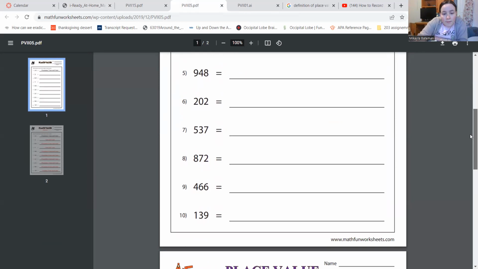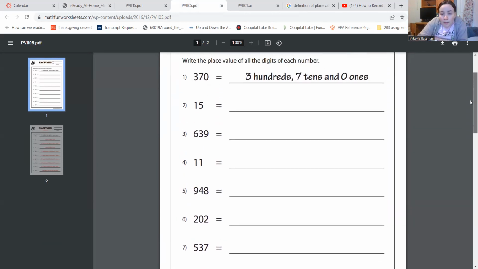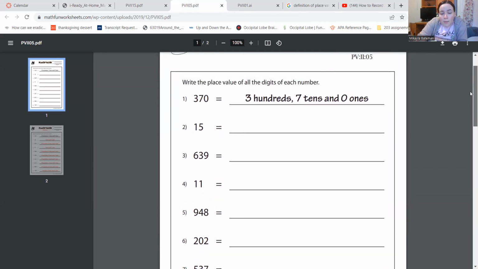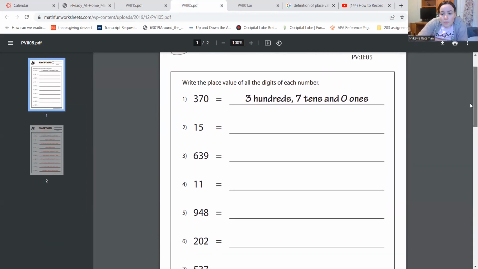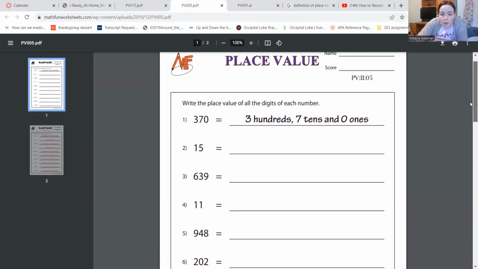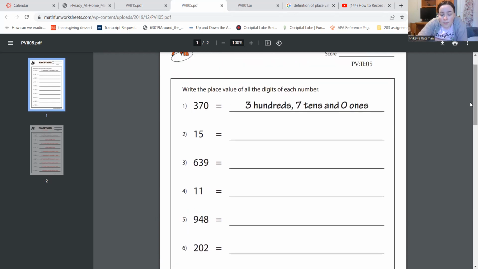It is attached in our little Word document, so you can see it. Number 1 gives you an example, but basically you're going to write it out in word form. For example, 370: you had 300s, 7 tens, and 0 ones. You can write the 0 ones or not, it's up to you. And I only want you to do the ones that have 3 digits. So for example, 15 and 11 are not 3-digit numbers, so don't write those, just do the 3-digit numbers.